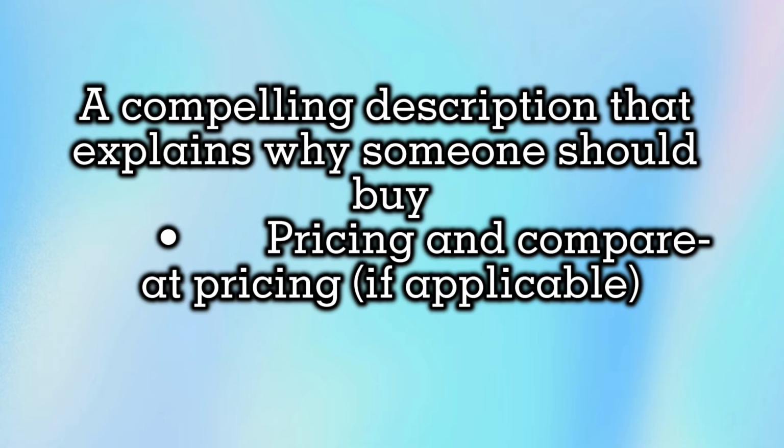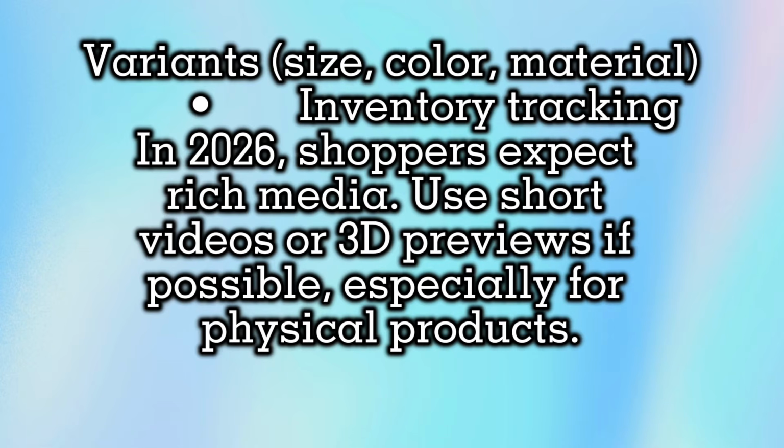Add a compelling description that explains why someone should buy. Include pricing and compare-at pricing if applicable, variants in size, color, and material, and inventory tracking. In 2026, shoppers expect rich media. Use short videos or 3D previews if possible, especially for physical products.